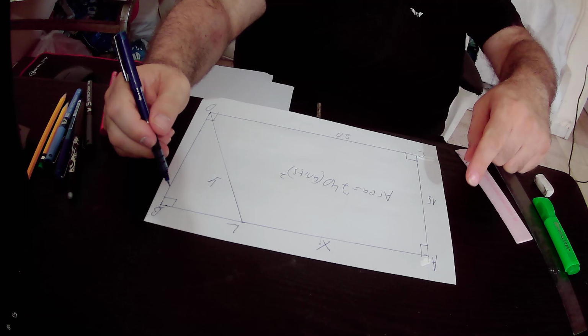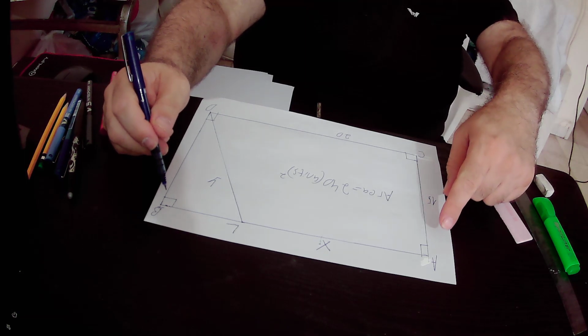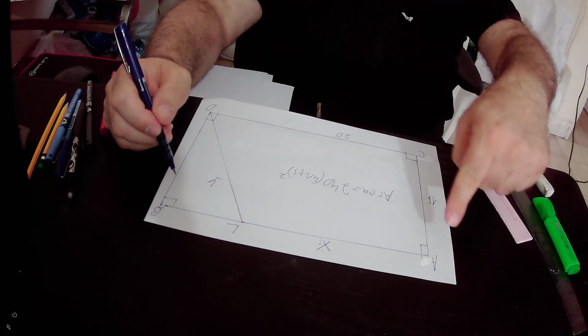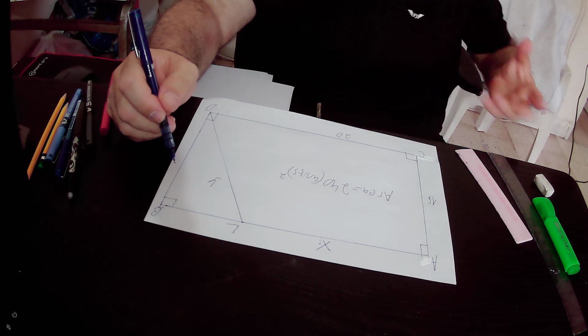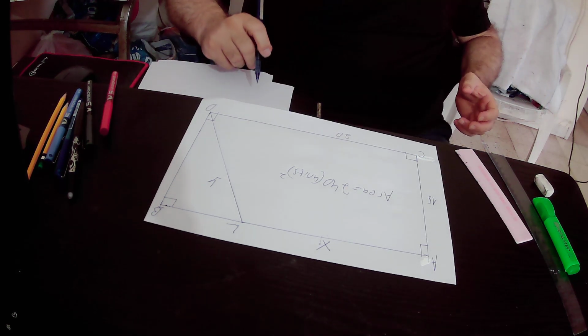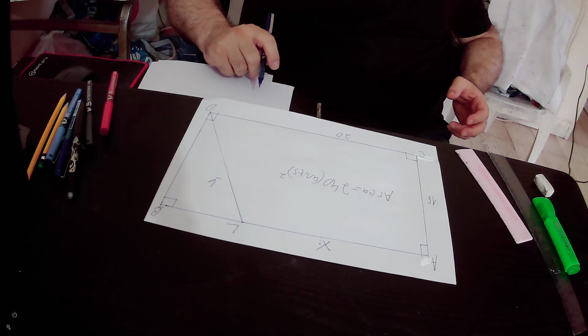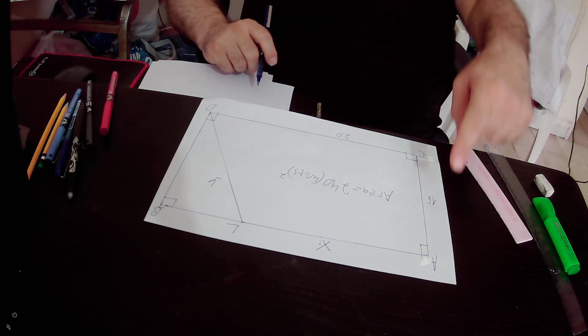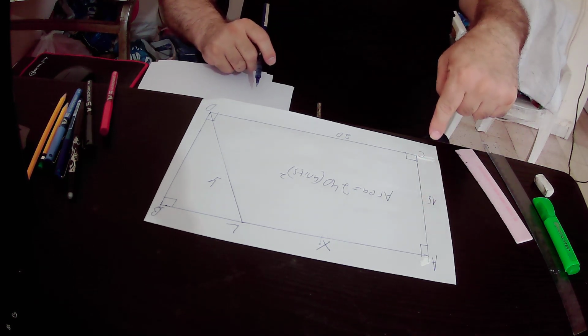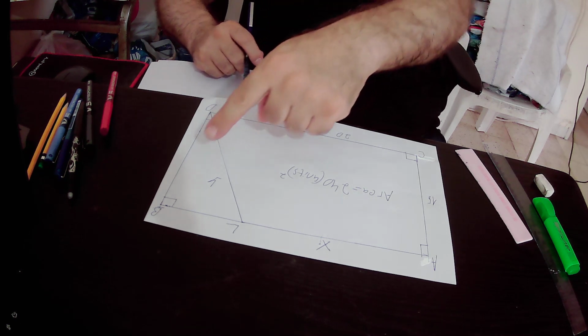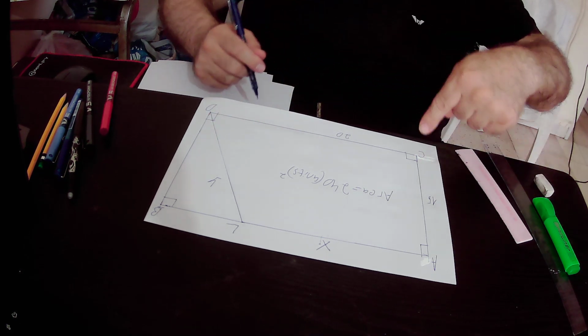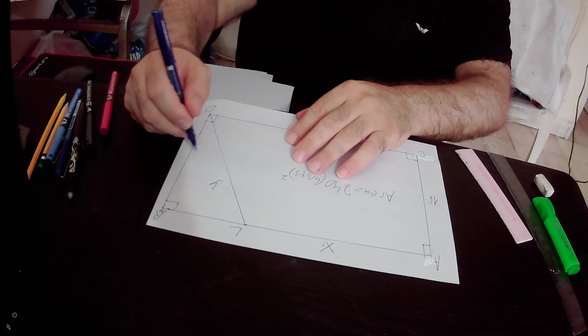Actually, shape ABCD is a rectangle because AC is parallel to BD, and AC also equals BD.